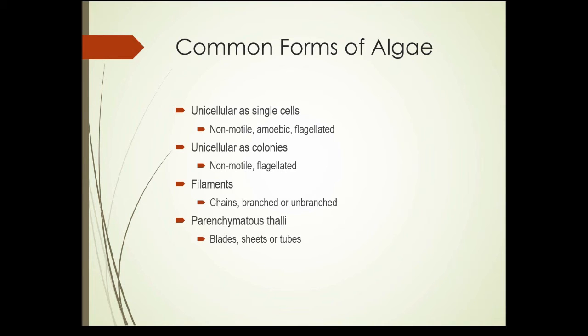They can also take the form of parenchymatous thalli, which means a multicellular, well, the filaments are multicellular, the parenchymatous thalli can be multicellular, and they can take the form of blades, sheets, or tubes and have a much more plant-like appearance.